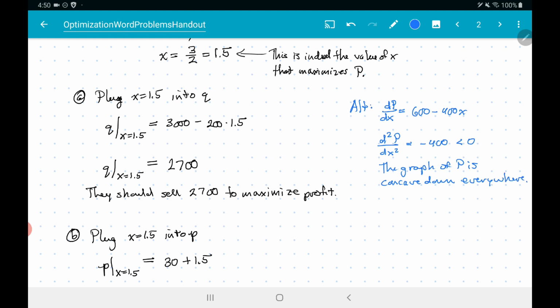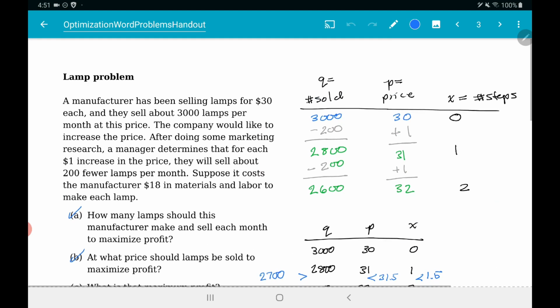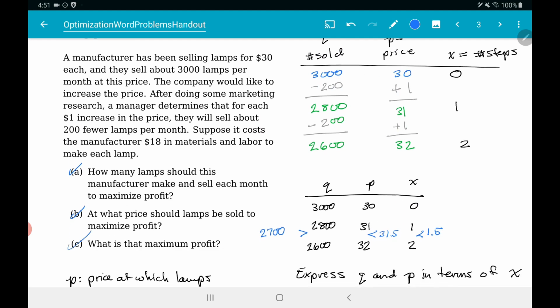So again, we've confirmed that the critical point is the global maximum of profit because the graph is concave down everywhere else. There can only be a hill with its top at that critical point. And so the y-coordinate of that critical point, or I guess you'd call it the big P coordinate, is the actual maximum profit.